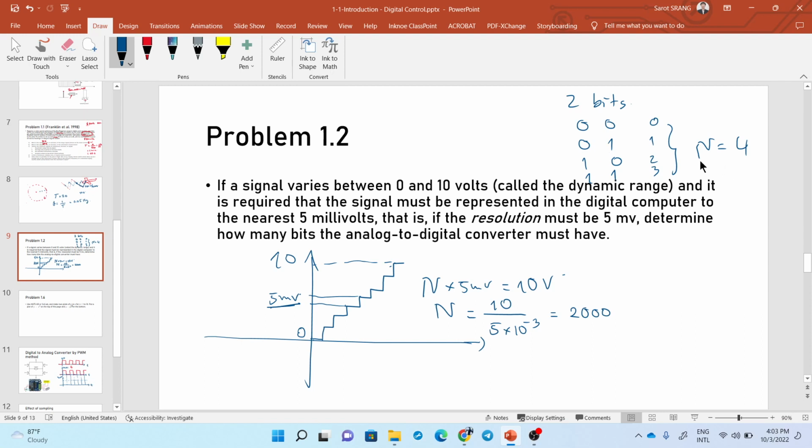So actually N equals 2 to the power n, right? Or maybe we can say this N should be less than or equal to 2 to the power n. Here n is the number of bits, okay?